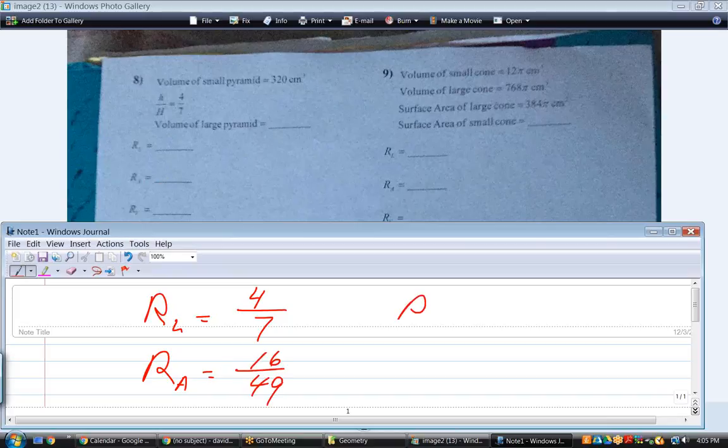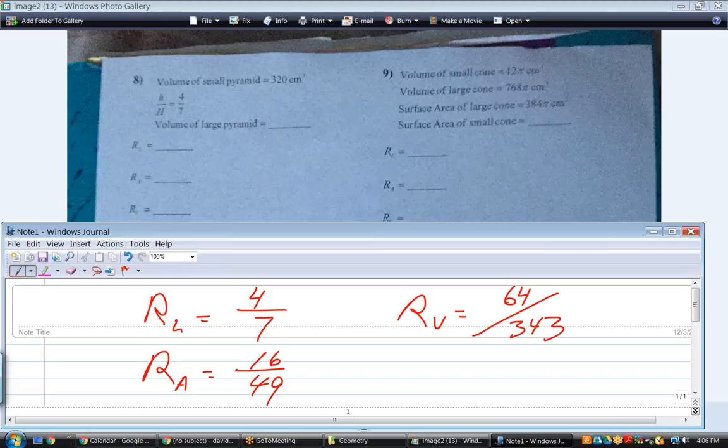And what's R sub V? 64 over 343. So that's the ratio of the small volume to the big volume.